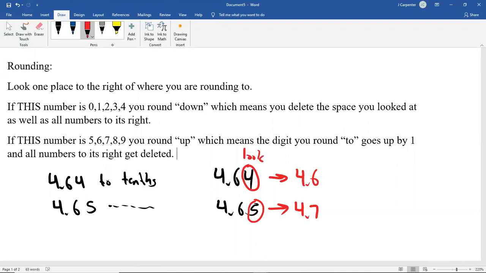We're never going to take the digit we were rounding to and drop it. That 6 would never become a 5. It's either 4.6 or 4.7. The idea is your original number should be between these two things depending on how you round. So 4.6 anything either gets rounded to 4.6 or 4.7 when rounding to the nearest tenth.